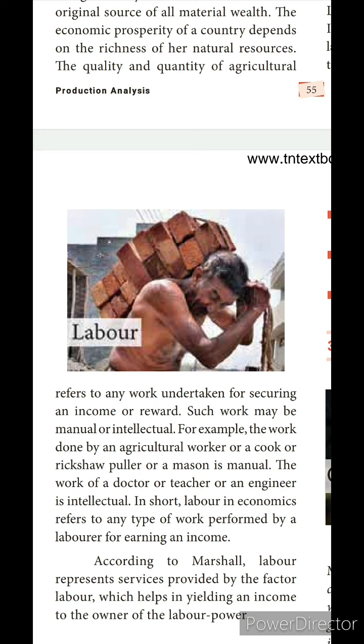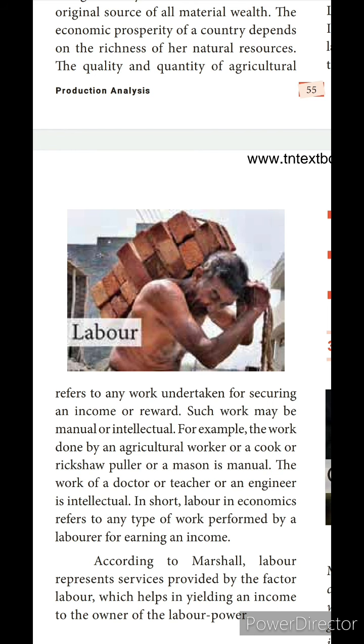According to Marshall, labor represents services provided by the factor labor which helps in yielding an income to the owner of the labor power. That means the labor only helps the owner to yield an income.